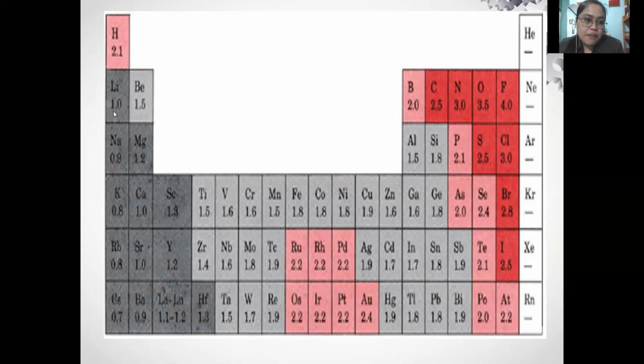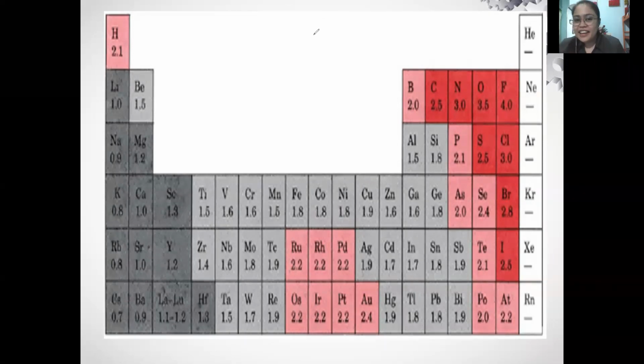As you can see, from left to right, it increases. So, ayan, 1.0, 1.5, 2, hanggang naging 4. But take note kung pababa ka, from top to bottom, again, from top to bottom, nagde-decrease. So, from 1.0, naging 0.7. Dito, from 1.0, naging 4.0.